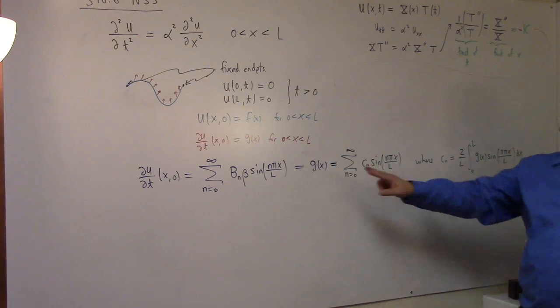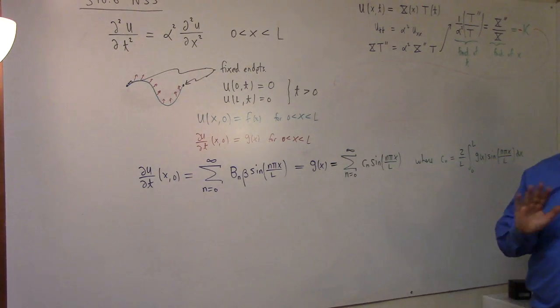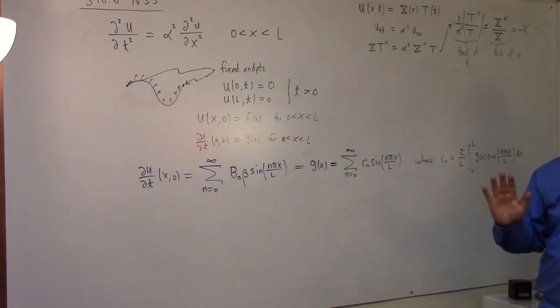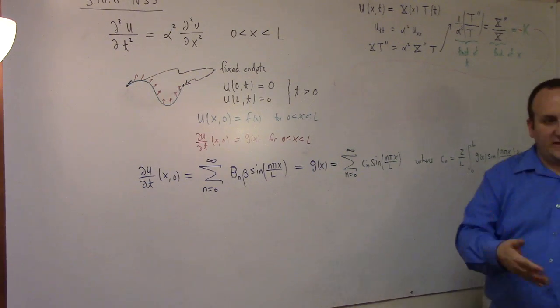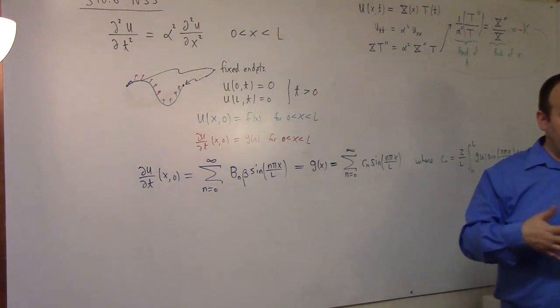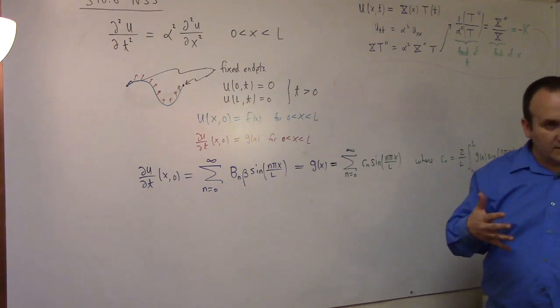So I can take the given g of x, and I'm being a little bit fuzzy here. I've been trying to work this out for generic f of x and g of x to show you the idea.